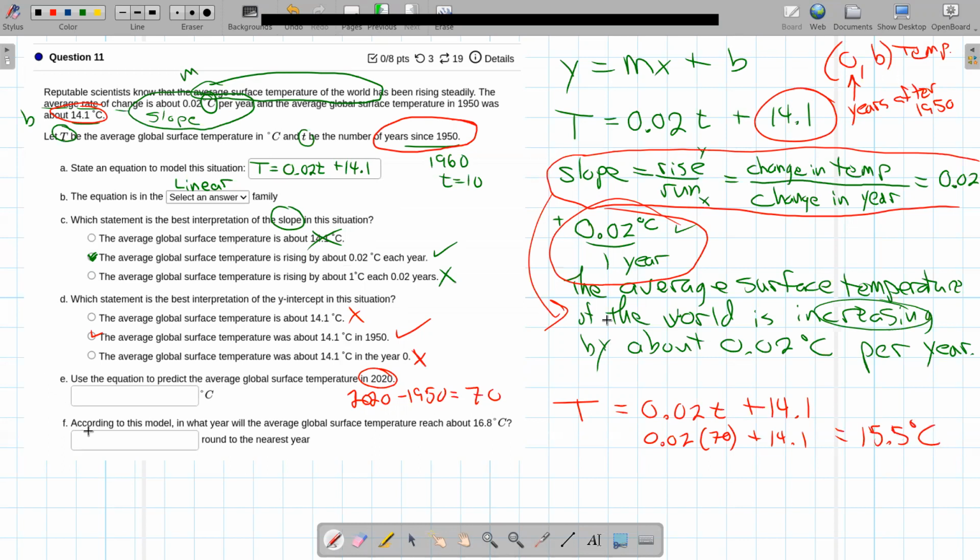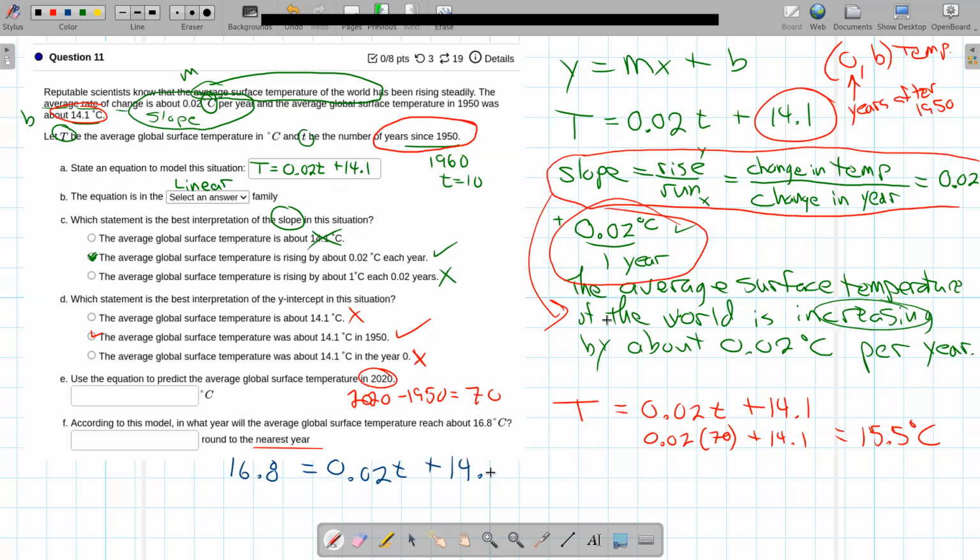Next one. According to this model, in what year will the average global surface temperature reach about 16.8 degrees Celsius? Oh, so here they're giving me the temp and I have to solve for the year, round to the nearest year. All right, in what year? So that's going to give me 16.8 equals 0.02 T plus 14.1.